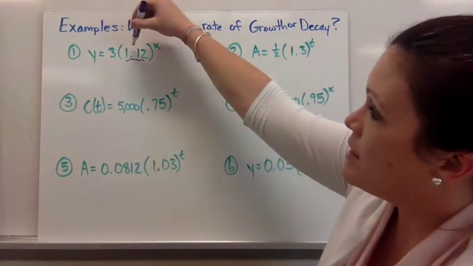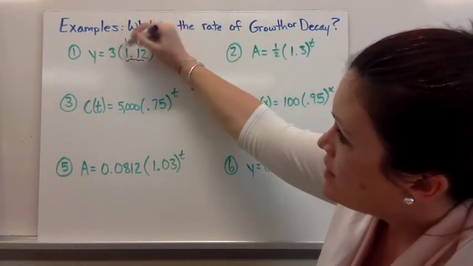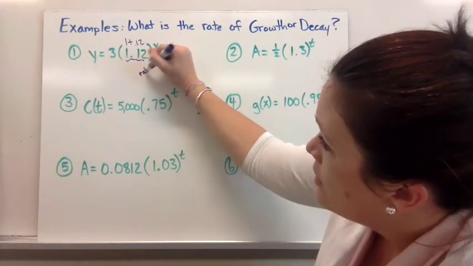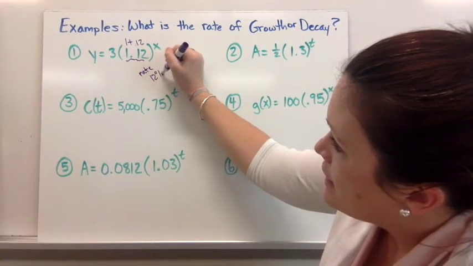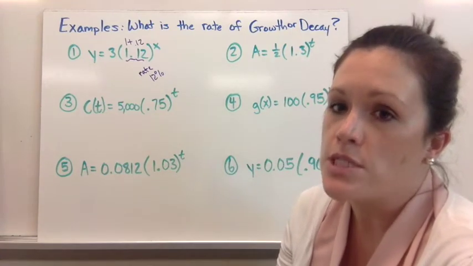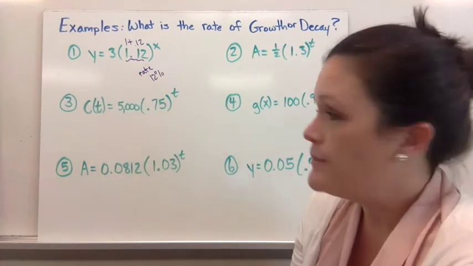So 1 plus 0.12 is what was there to give me the 1.12. So the rate here would just be 12%. We change percents into decimals. So 0.12 represents 12% in the same way that the 1 represents 100%.